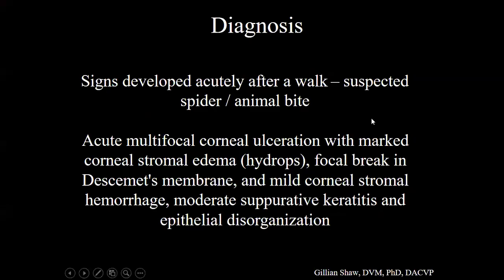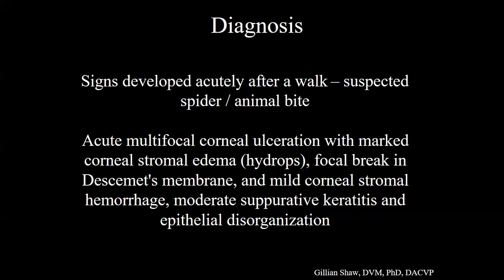So snake bites can lead to various combinations of all of those things: corneal stromal edema and hemorrhage. I honestly don't know what this is. I think that an envenomation of some sort could have led to these lesions, and that's all I can really say. Either a snake of some sort or some sort of insect, but I feel like an insect is less likely, but I don't know.